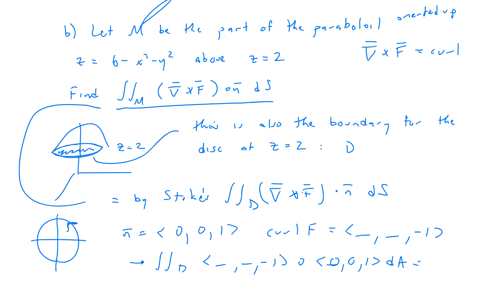And so I'm just going to get -1 times the area of the disk. And the only thing is, when z equals 2, it is radius 2. So this would be, sorry, -4π.